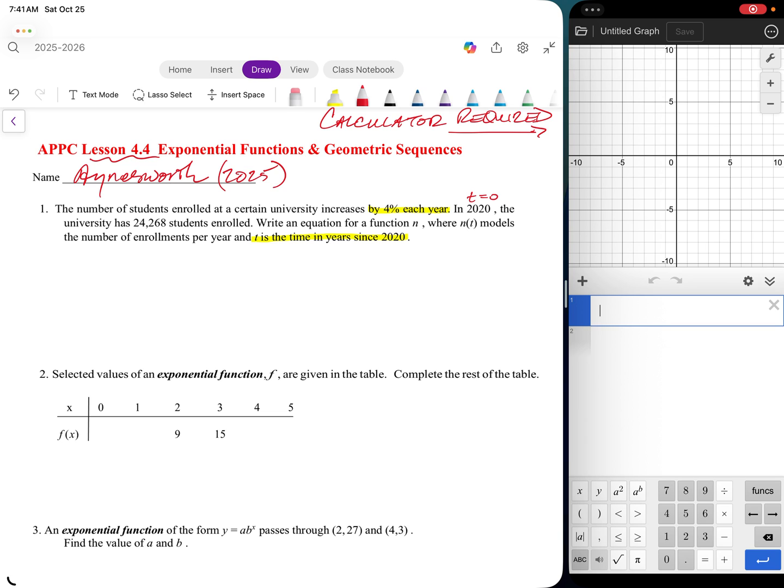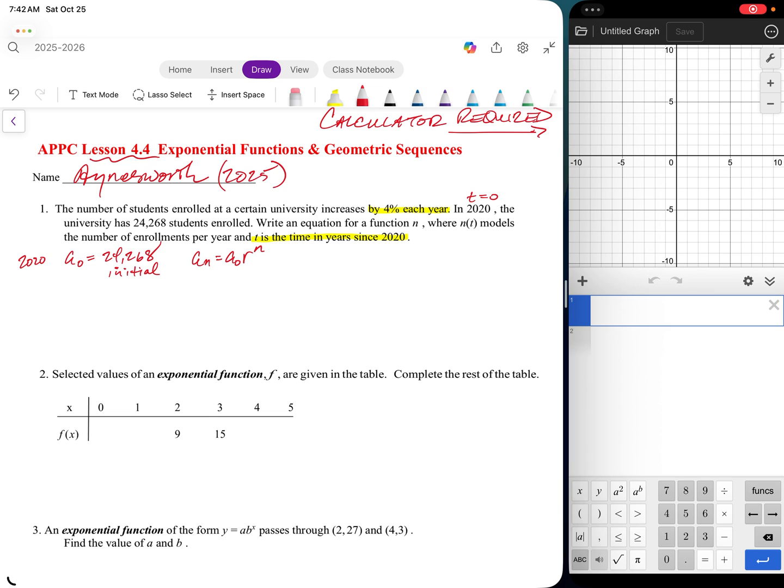If you want to think sequences here, a sub 0, the initial time at 2020, a sub 0 is 24,268. That's our initial value. Now, if you're going to use the geometric sequence formula, it'd be a sub n is equal to a sub 0 times r to the nth power.